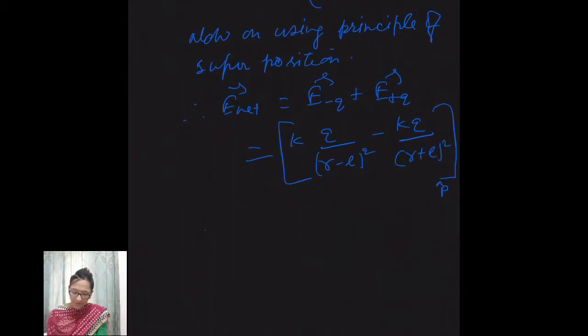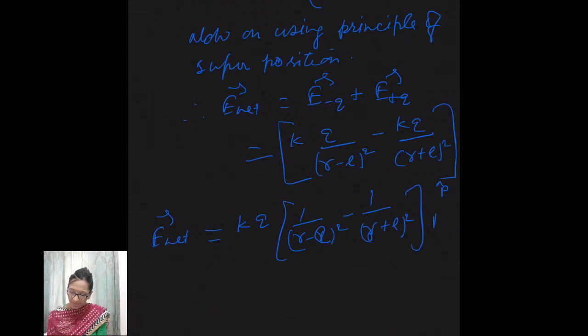So E net is equal to, let us take out the quantity which is in both the terms, that is KQ into 1 by R minus L whole square minus 1 by R plus L whole square, into P cap. And now let us simplify this. So let us take LCM.